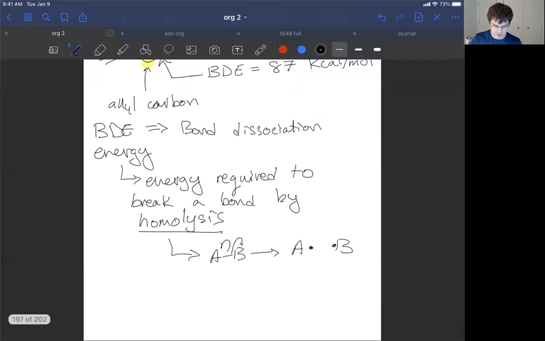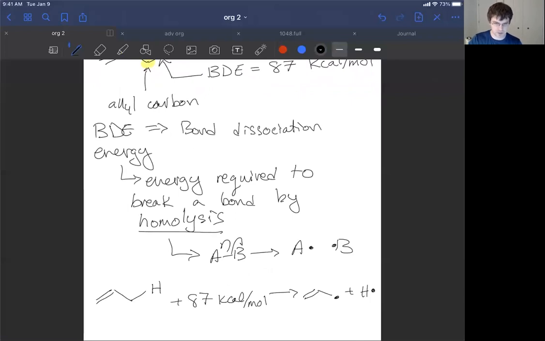So what I'm saying is if we take this hydrocarbon, which is actually called propene, and we pump in 87 kcals per mole of energy that it can absorb, we get a free radical on the allyl position plus a hydrogen atom, a hydrogen radical.